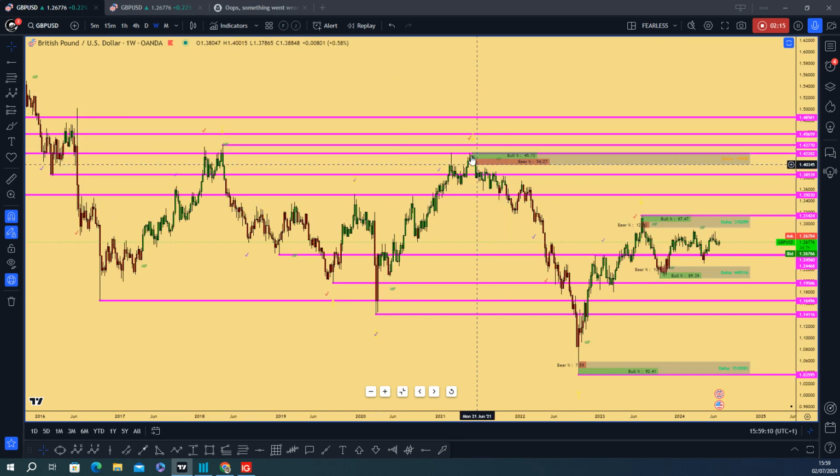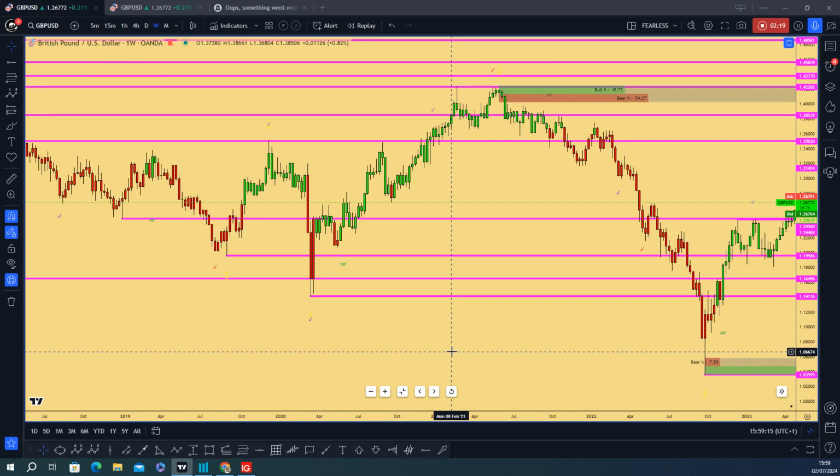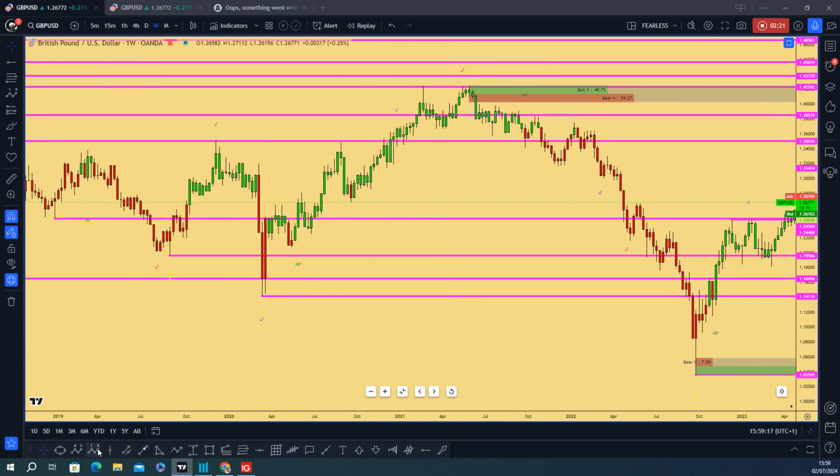So for this last swing down, we're going to do what I call the wave structure count. So let's do the top and the bottom. We have a low here followed by a high. So that is 0 ABC 1. That is 1.